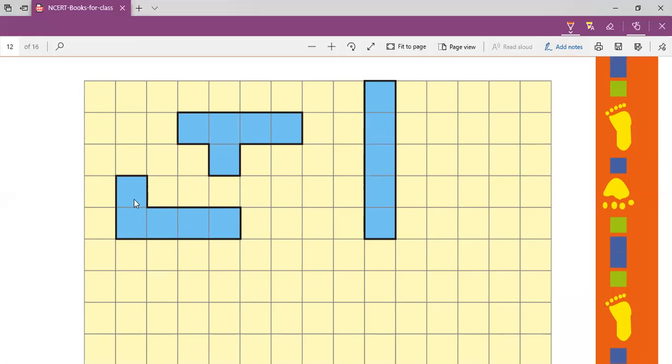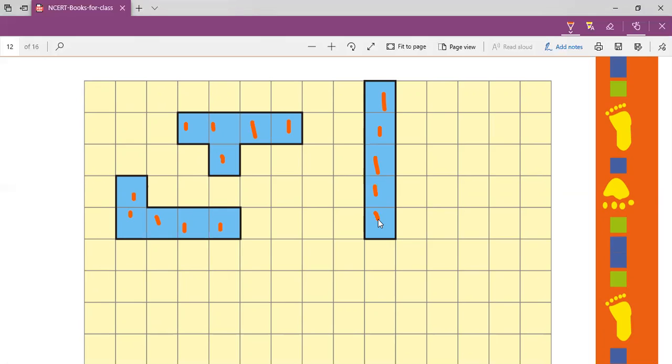This is 1 square, 2, 3, 4, 5. Yes, all of these have 5 squares. This also has 5 squares: 1, 2, 3, 4, and 5. Yes, this also has 5 squares: 1, 2, 3, 4, and 5.